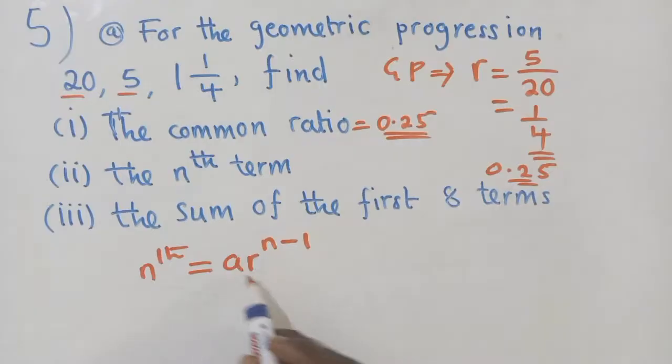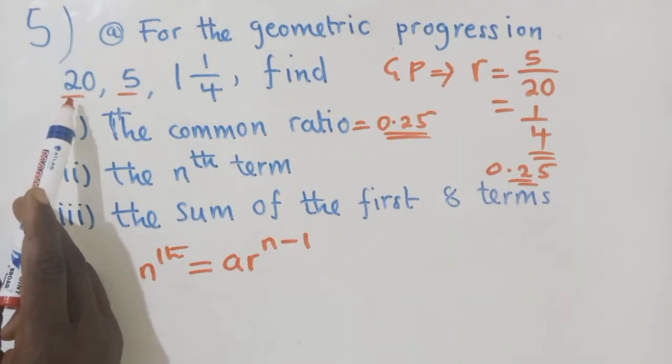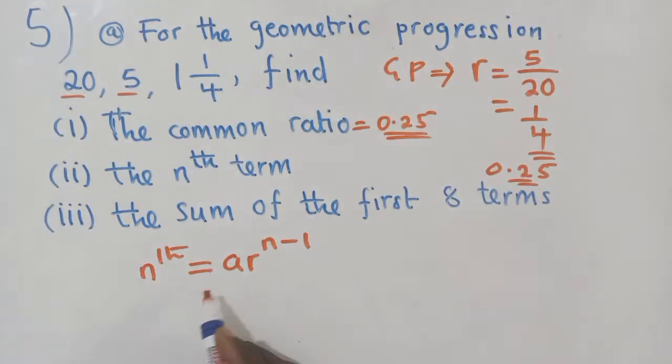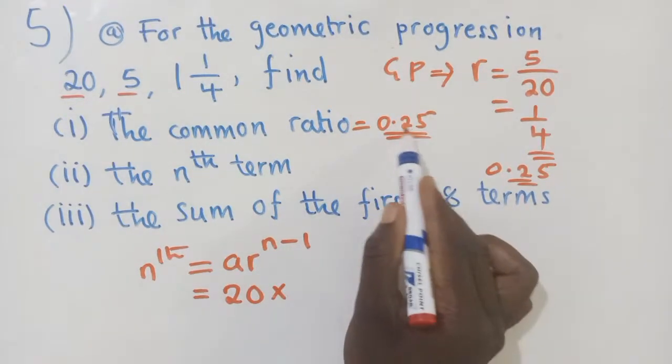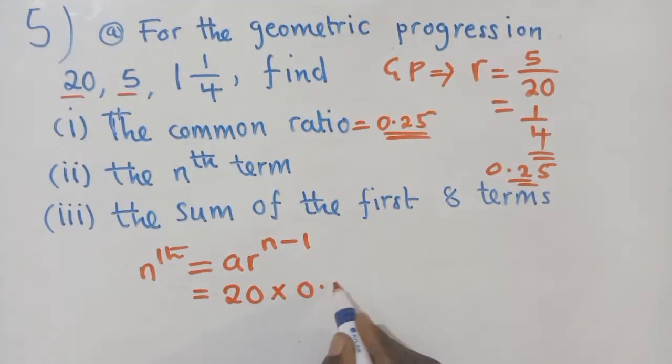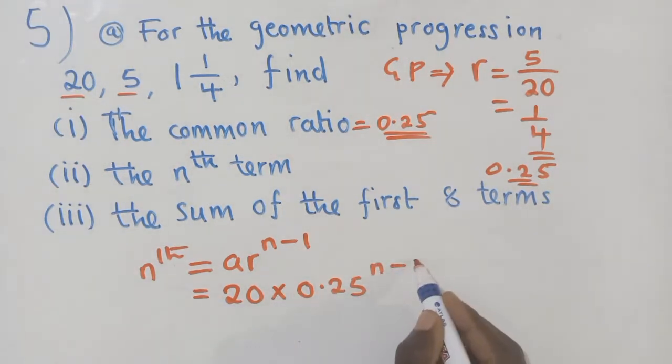So what do you do? What is our A? Our A is the first term. What is our first term here is 20. So we are going to write 20 here where A is, multiplied by our common ratio, we just found it, 0.25, power n minus 1.